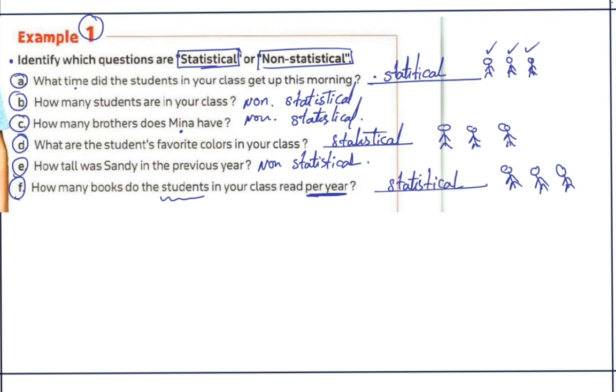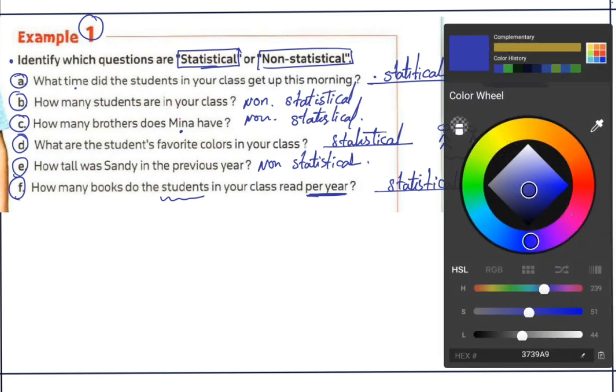We can figure out that statistical questions need to ask more than one person about data. That means you need to collect data from persons. Every time you need to collect data, it's a statistical question.